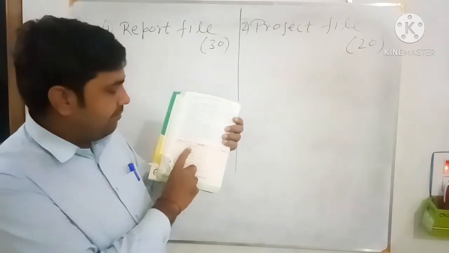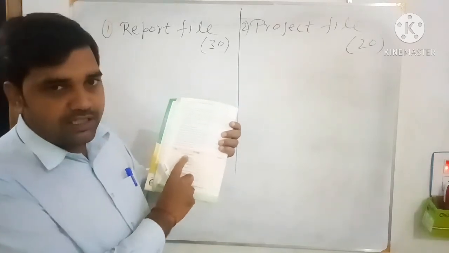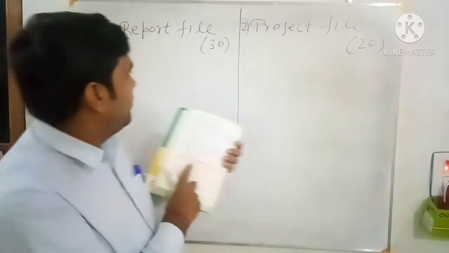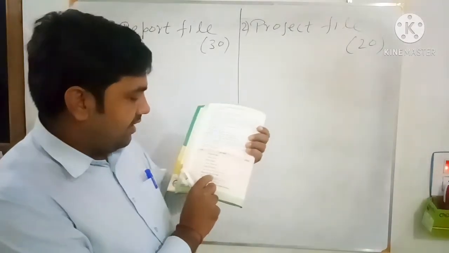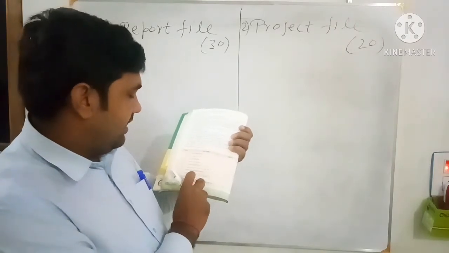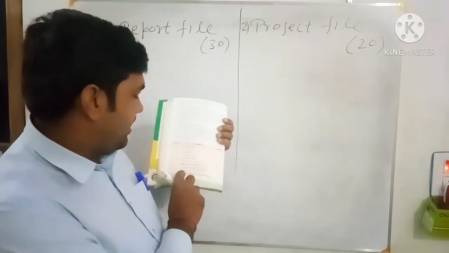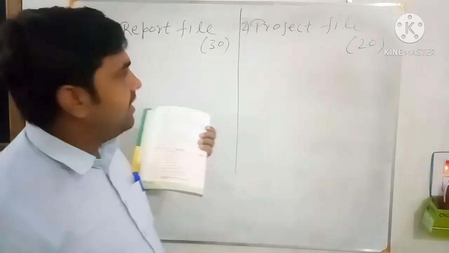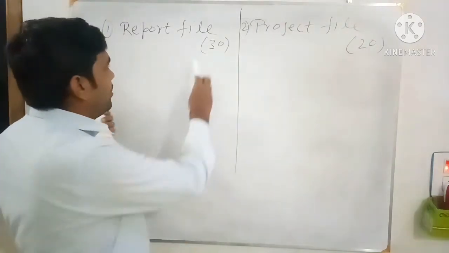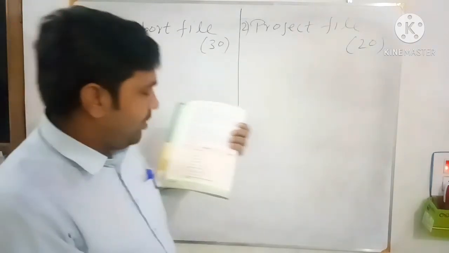Suppose the lab test practical is not conducted by the school, then those 30 marks will also be added to the report file and project file. Otherwise the report file is of 20 marks and the project file is of 15 marks. But if the practical exam is not conducted, then the report file will be 30 marks and the project file will be 20 marks.